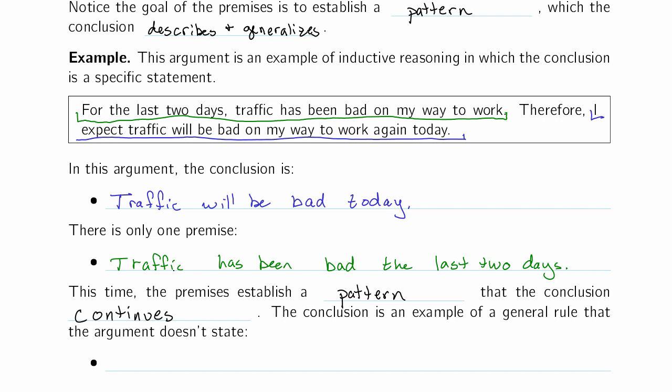And sort of unstated there is a description of the pattern. So we could describe the pattern. We could say traffic is bad every day, or we could be a little bit tighter with our conclusion and say traffic is bad every day around now.